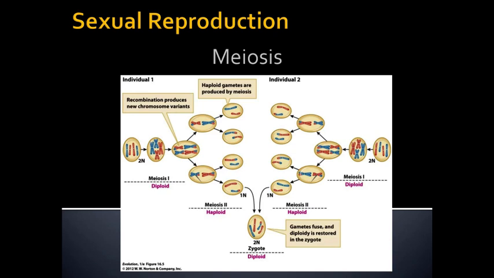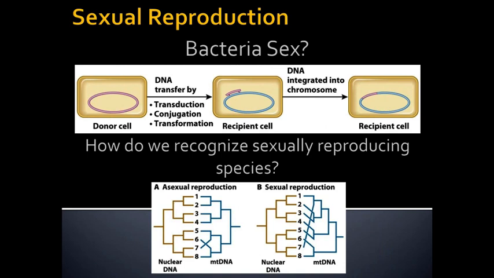We talked about how it's actually more than 17 trillion different combinations just from random assortment of human chromosomes. So it creates massive amounts of mixing and matching and diversity in the gametes. Okay, so that's meiosis. It's just the genetic beginning, the genetic form of sexual reproduction.